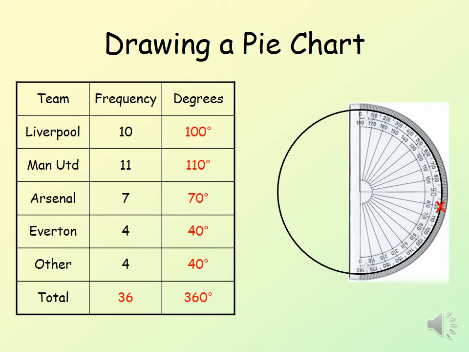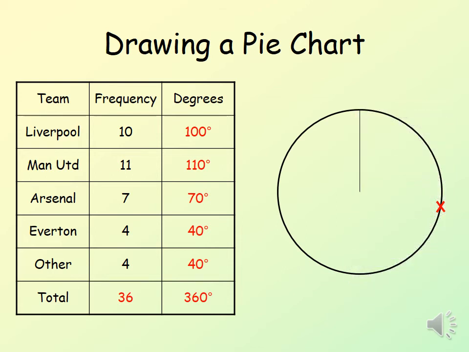So it's on the line where that quarter is, and then we merely mark off 100 degrees, so that's been done where you see the red cross. Okay, so can you see there? Then we merely join that to the red cross. Okay, so next one is 110.